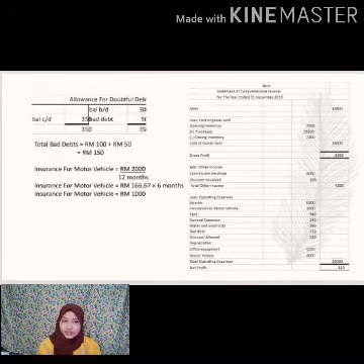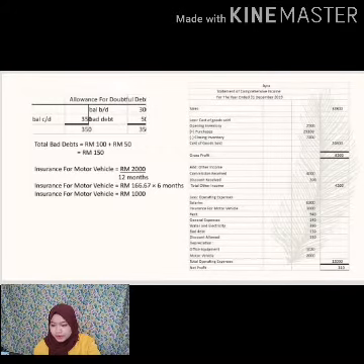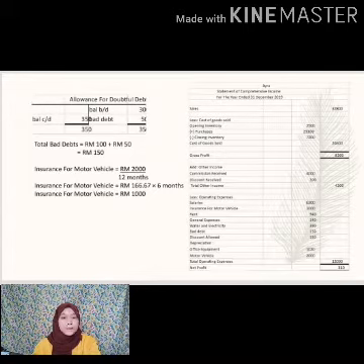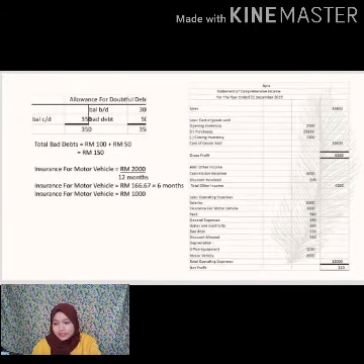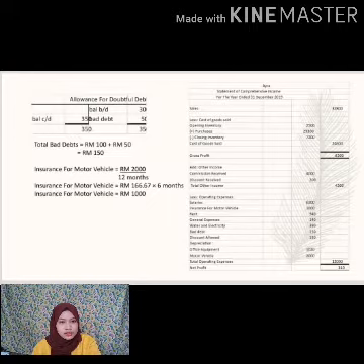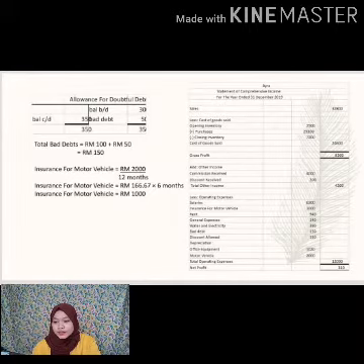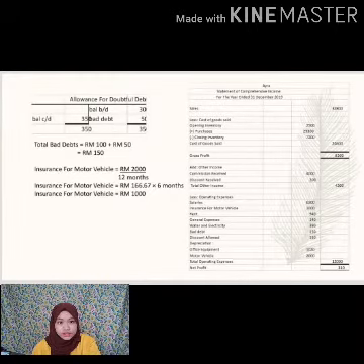As you can see here, for the insurance for motor vehicles, we got 1,000. This we calculated in the ledger that I explained earlier. Bad debt is 150.